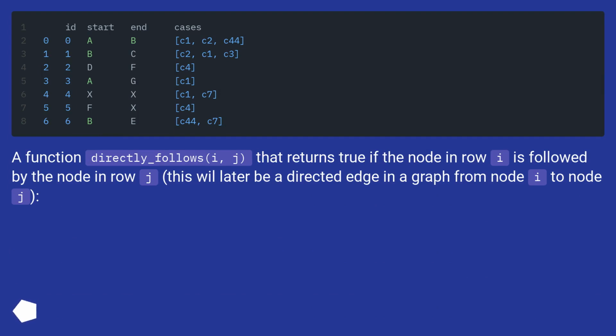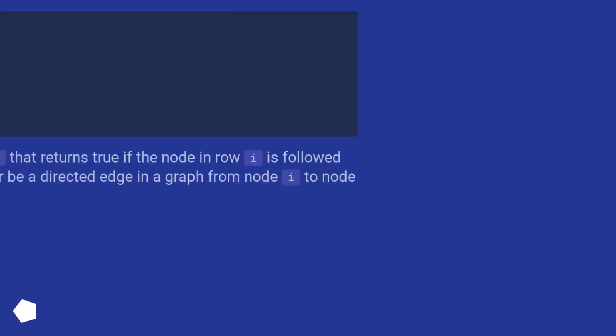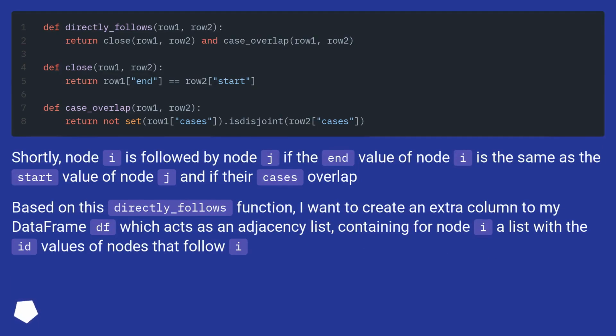This will later be a directed edge in a graph from node i to node j. Shortly, node i is followed by node j if the end value of node i is the same as the start value of node j and if their cases overlap.